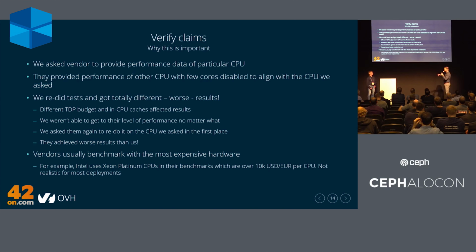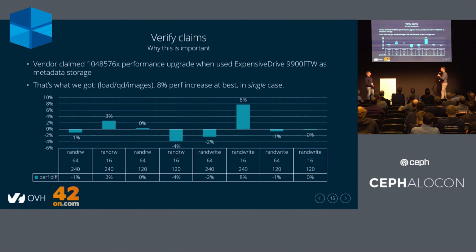We have a few systems coming up which we think are affordable NVMe systems which you can use. And speaking of verifying claims, we were asked to use an expensive drive, the 9900 FTVA, for metadata storage, claiming that it would improve our performance so considerably that we should shell out every money we have just to get that performance.